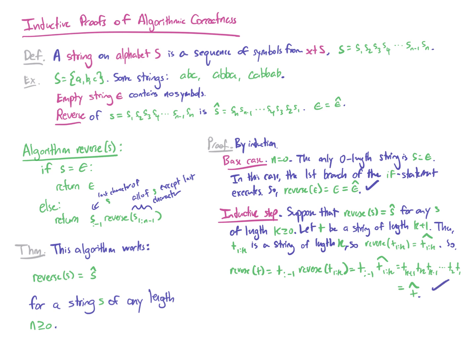So we did it. This means that since t was arbitrary, we've proven that the reverse algorithm works on any string of length k plus 1. That's what we wanted to show, and therefore our inductive proof is complete.